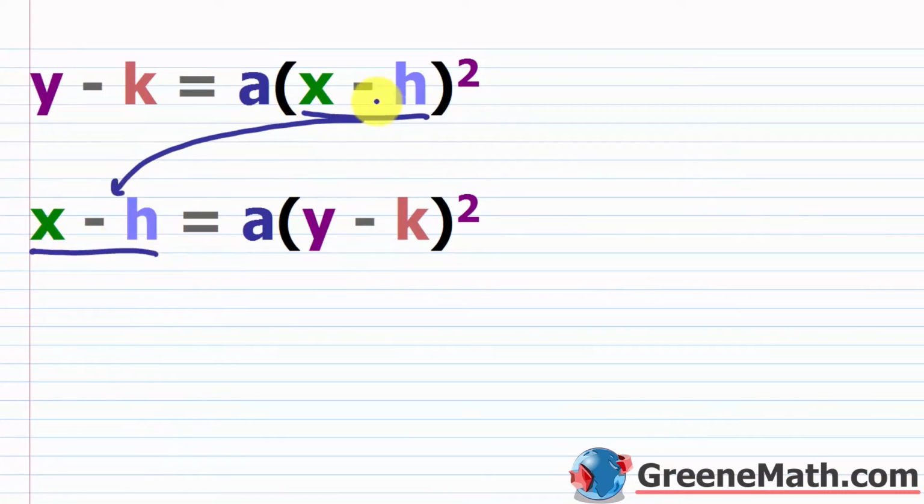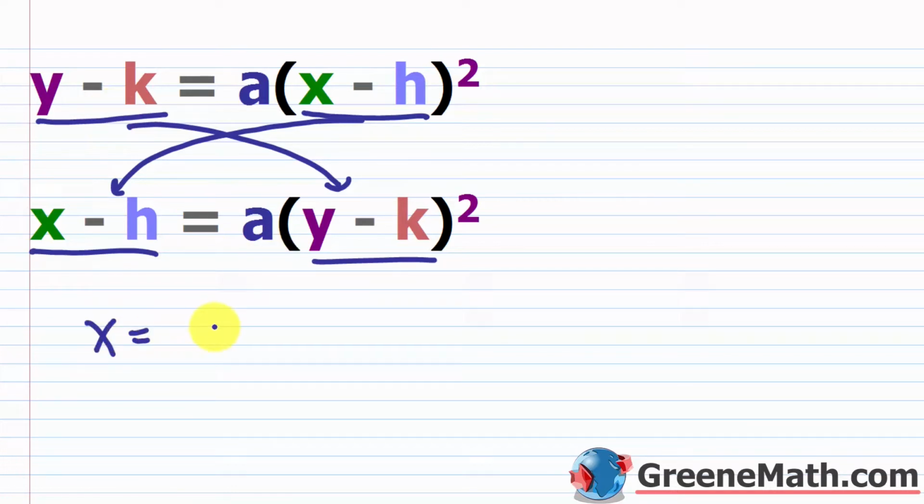So here it's inside of parentheses, now it's outside. And y minus k has come inside of parentheses from outside of parentheses. So you can say that the x minus h and the y minus k have really interchanged roles. So we're going to have to think about things a little bit differently here.